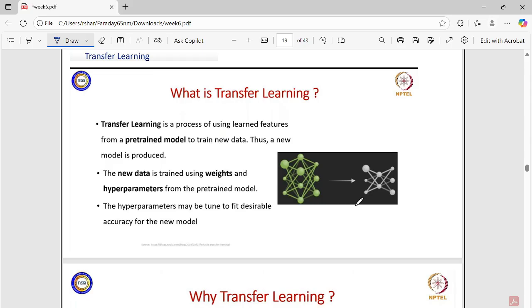So we use a pre-trained model already trained on a larger dataset, like ImageNet for images or BERT for NLP, and reuse the features. The early layers of the pre-trained model usually learn general features useful across many tasks.